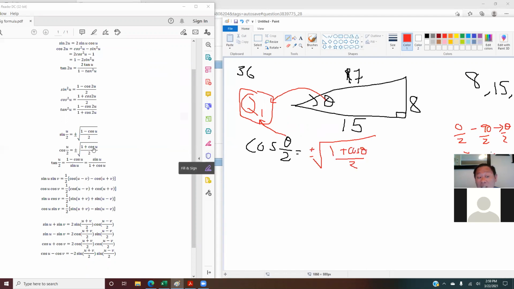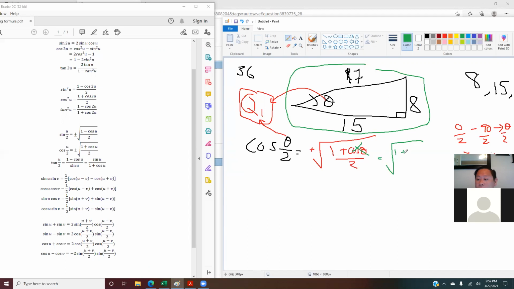That's why I provide you this formula. So make sure you know how to apply it. Since you told me it's quadrant 1, is this going to be plus or minus? Plus.